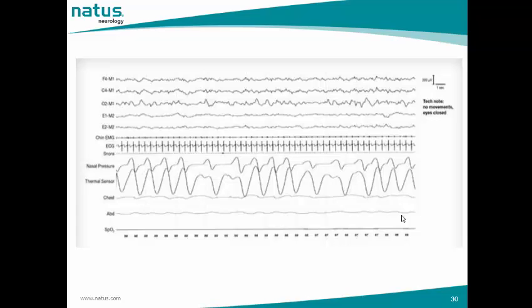In this case, the epoch should be scored as a transitional stage.